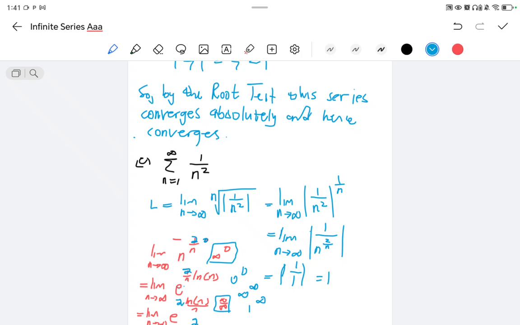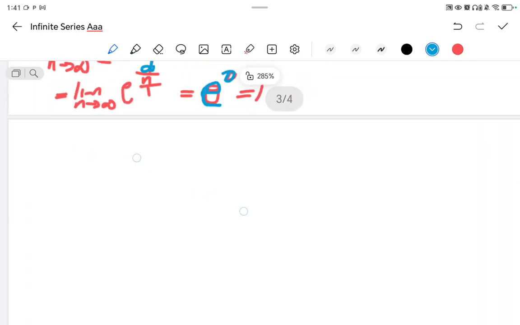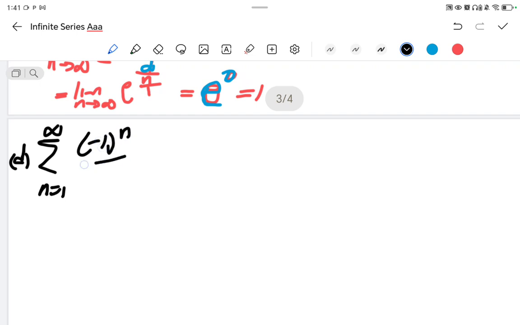So now let's come to another one. Now we're going to have L equals the limit as n approaches infinity.